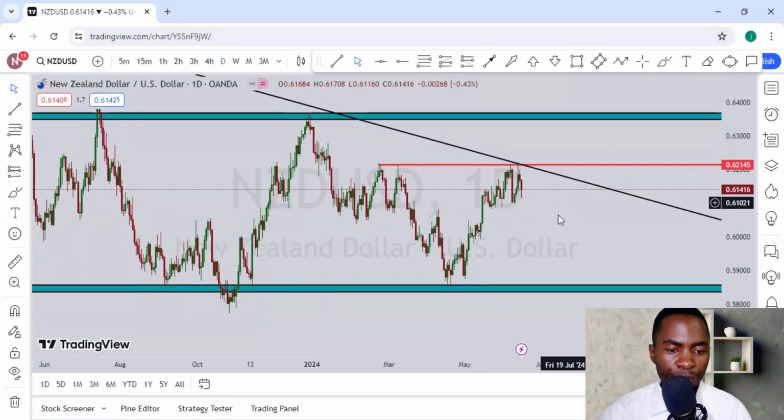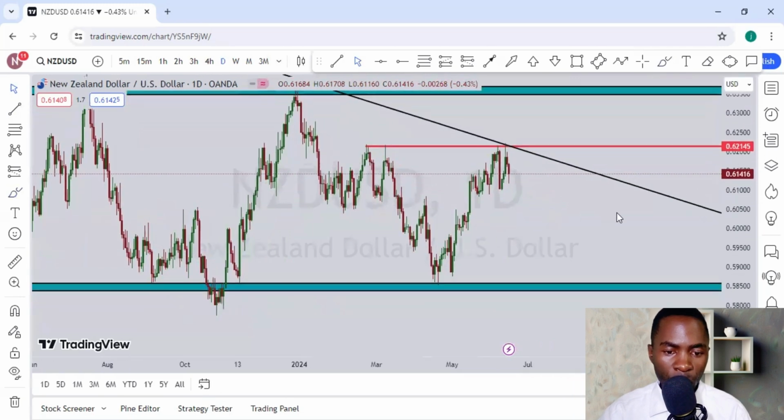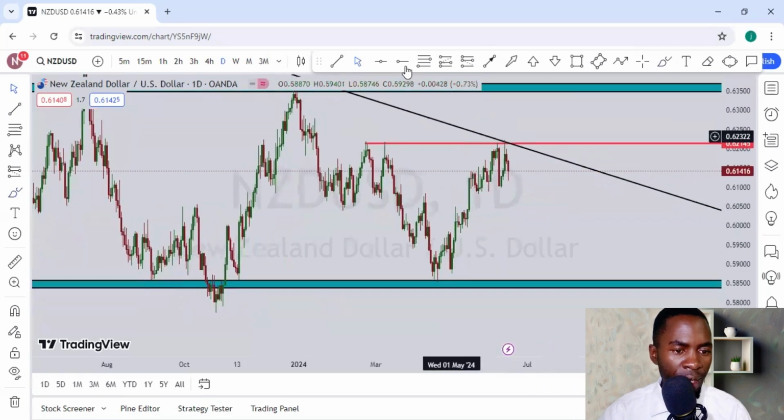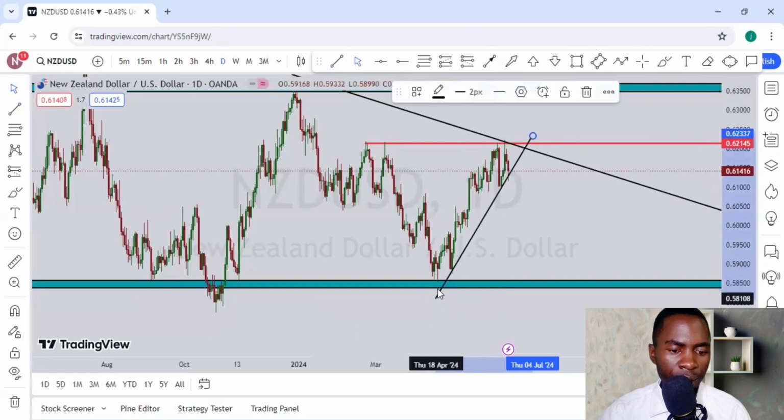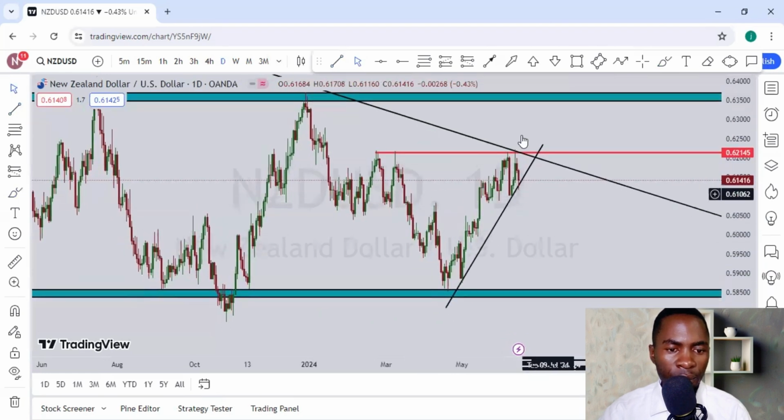So now what I'm expecting to see here, I'm going to draw my counter trend line like that one. And I wait for the market to break the trend line and also to break this level to show me the change of direction around here, and then retest.